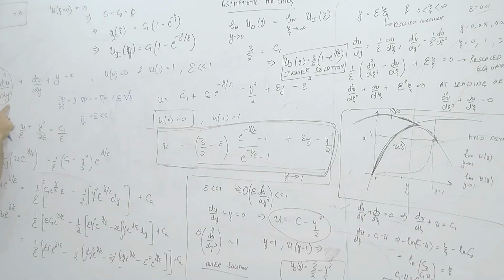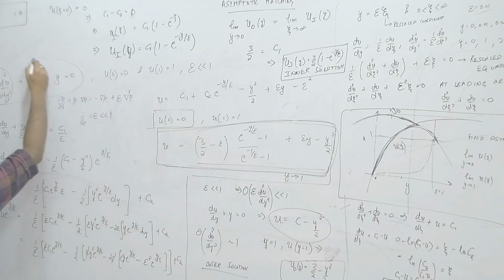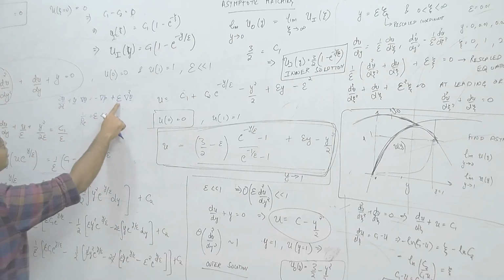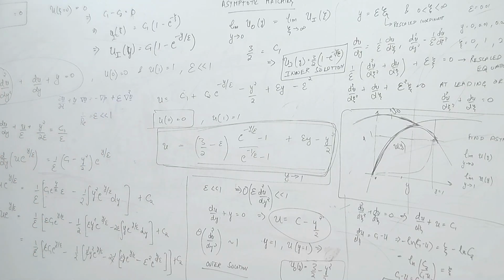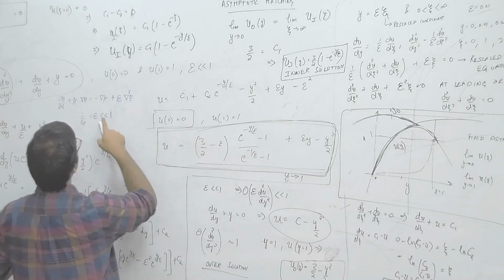And instead of in one dimension, in 3 dimensions, we have a similar situation as here. We have an epsilon multiplying the highest degree term or highest order term. If you simply drop epsilon naively, which is what we did when we found the outer solution, what will you end up with?